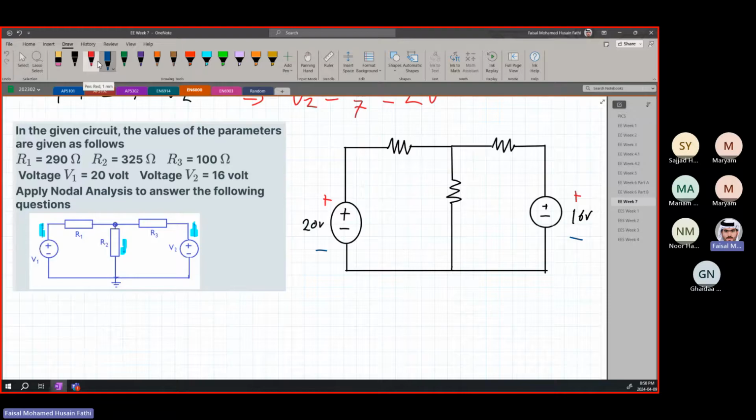minus. They told us to assume that current is going in this direction for the first one. And for the second one, they told us to assume current is going in this direction. And for the middle one, they told us to assume that current is going in this direction. What did we use last time? Let's use green. Okay. This means here is also going to be blue.